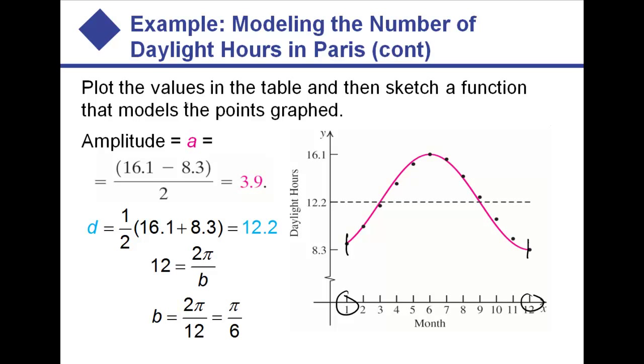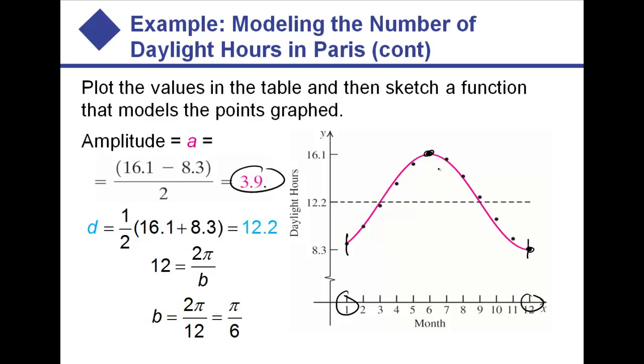I can also calculate my amplitude very easily by taking the maximum value, which was 16.1, the minimum value, which was down here at 8.3, the difference between those divided by 2, there's my amplitude of 3.9. I can also find kind of what the axis is now, right?